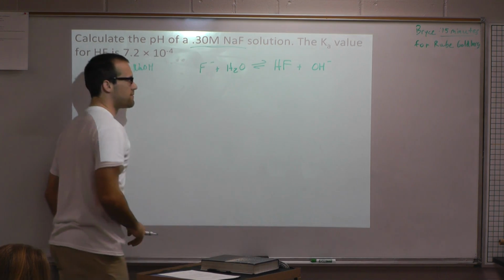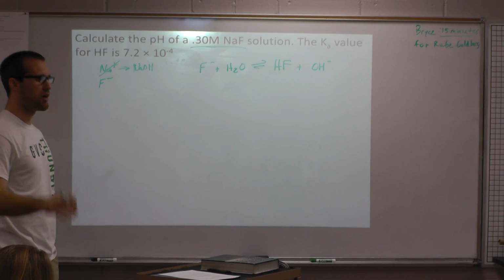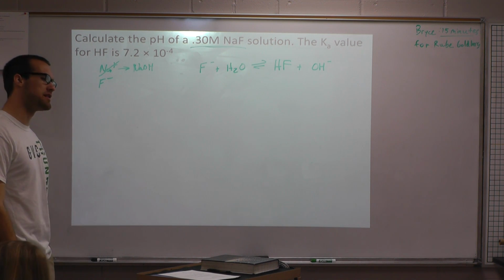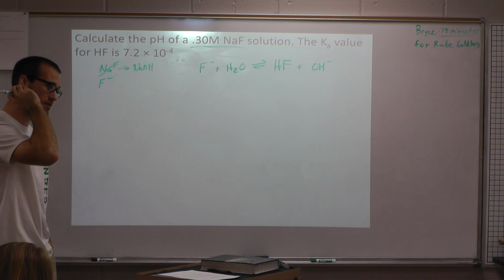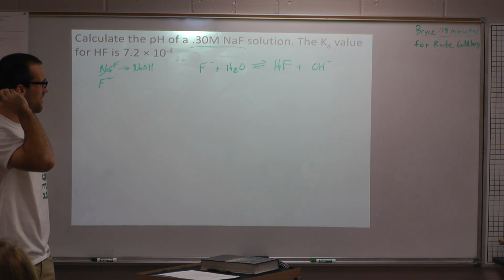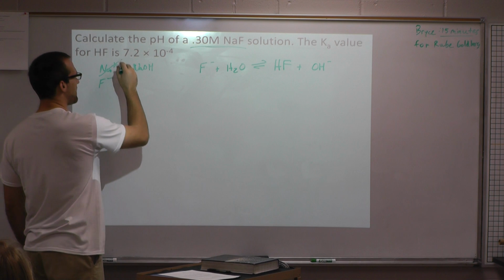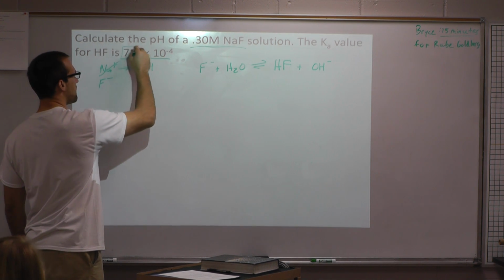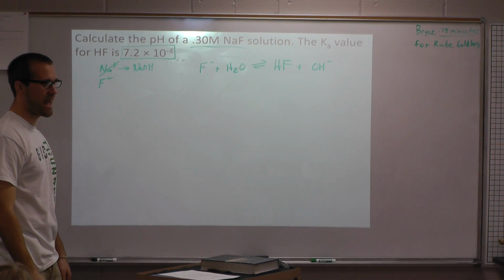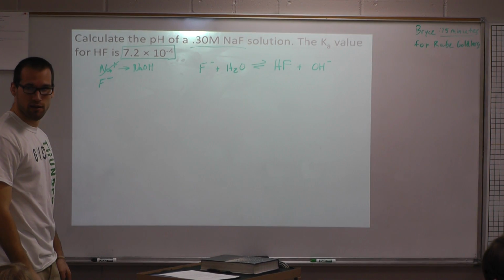This is one of the more difficult lessons because you have to think a little bit more than you normally would. I'm not going to directly use this number. Why not? Because it's Ka, and I'm not doing an acid problem, I'm doing a base problem.